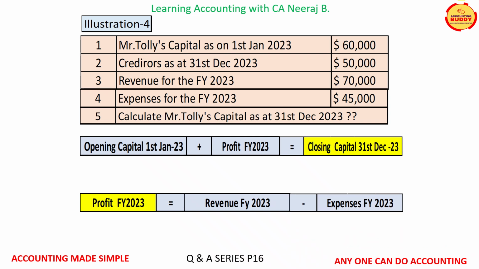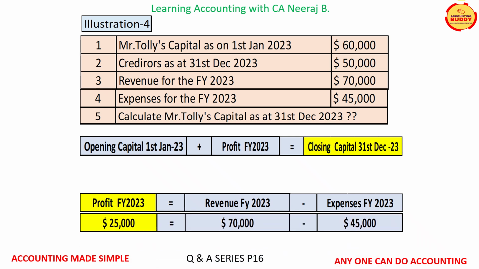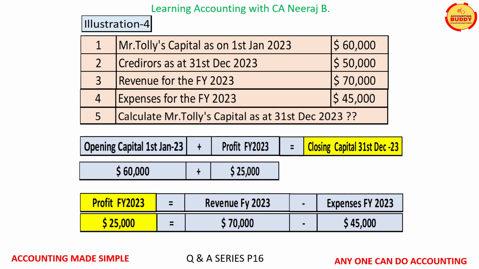Now, if we deduct expenses of $45,000 from the revenue of $70,000, we will get the profit of $25,000 for the year 2023. Now, opening capital of $60,000 as on 1st of January 23 is given. And if we add the profit for the year to it, we will get the closing capital of $85,000.